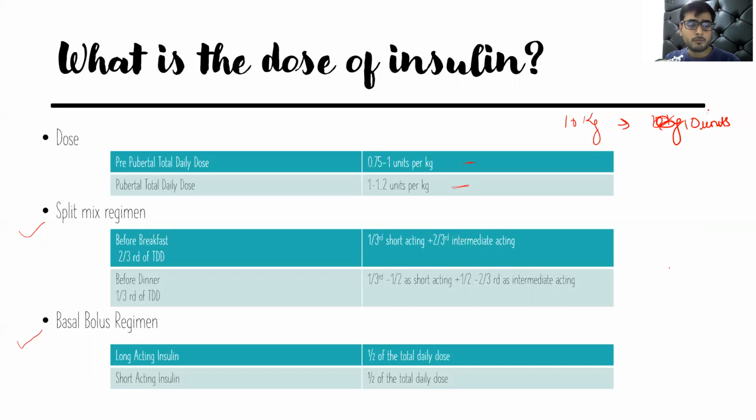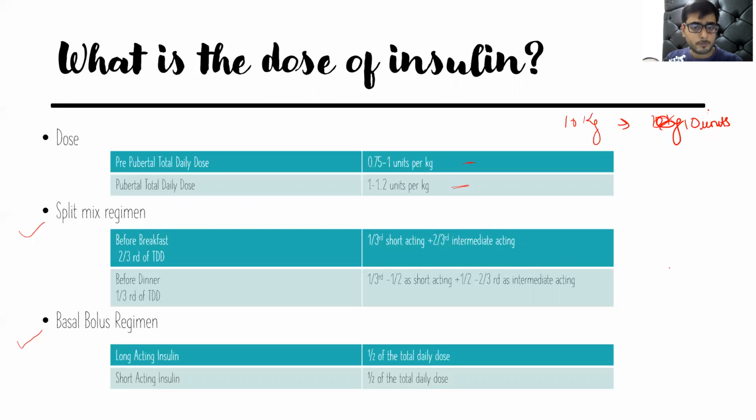Out of the 2/3 pre-breakfast dose, we have to give a short acting insulin, that is regular insulin or an ultra short acting rapid acting insulin, Lispro or Aspart.